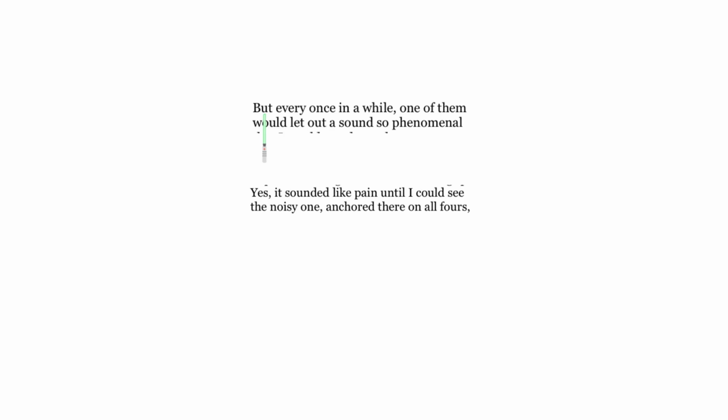And remember, up until this line, we've had the impression of how dumbfounded the cows are and how repetitive and monotonous they are, apart from when every once in a while they seem to vanish as if they've flown away. So we're going from silence to every once in a while something happens. So at this moment, tension goes up as we wait to find out what it is. Then the completion of the line comes in: "would let out a sound so phenomenal."